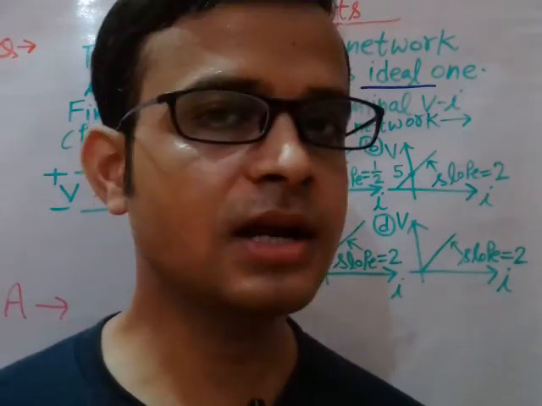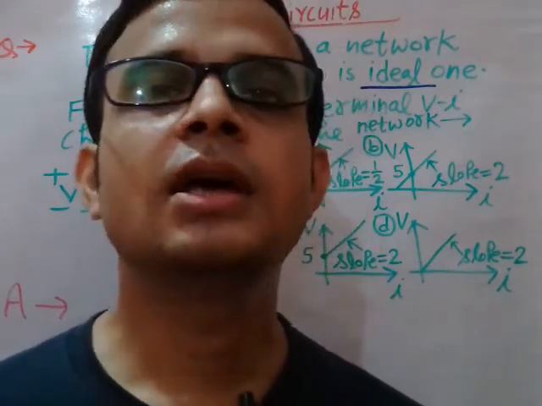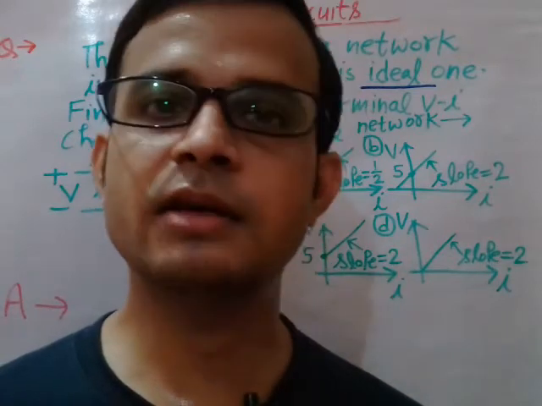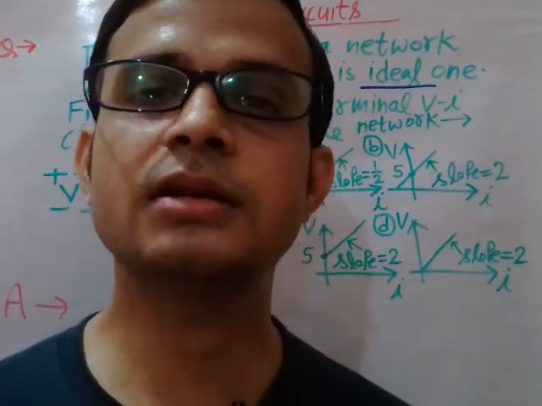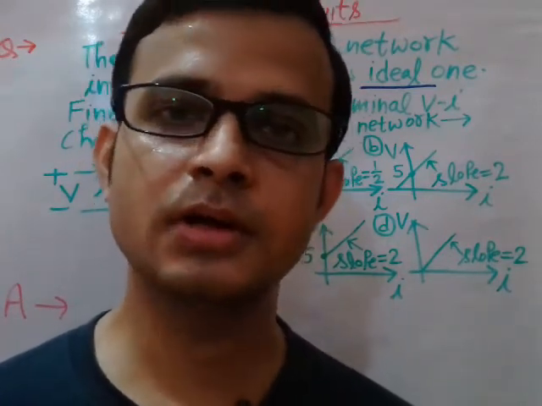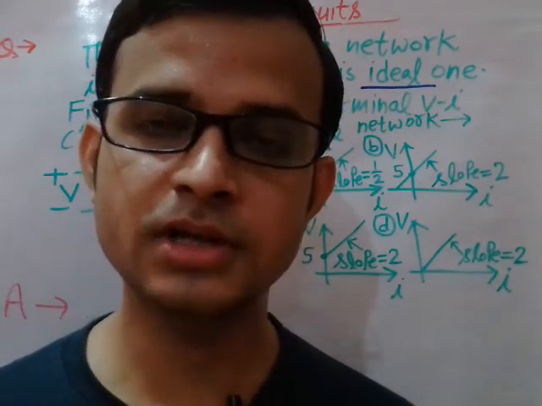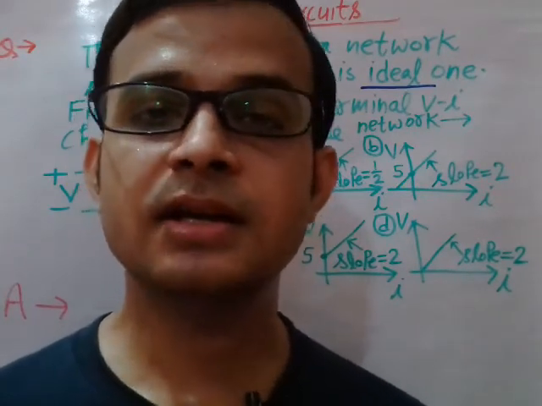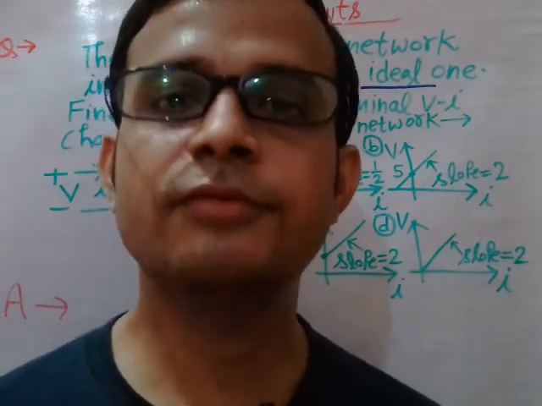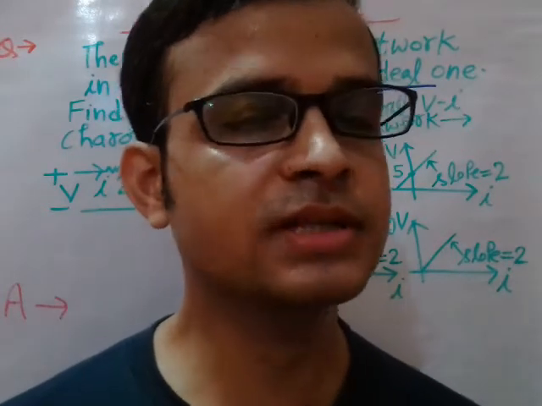If it is a silicon diode, the cut-in voltage will be 0.7 volt, and if it is a germanium diode, the cut-in voltage will be 0.3 volt. But for an ideal diode, the cut-in voltage is 0.